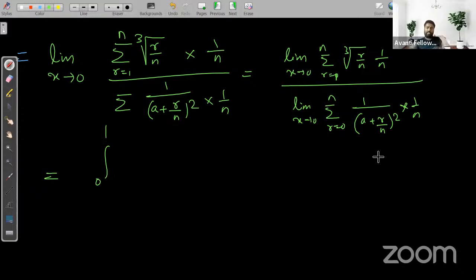The limit can be changed now. Instead of r by n we are taking x.